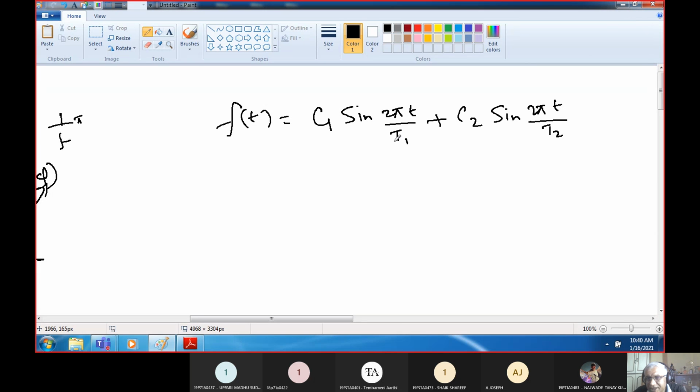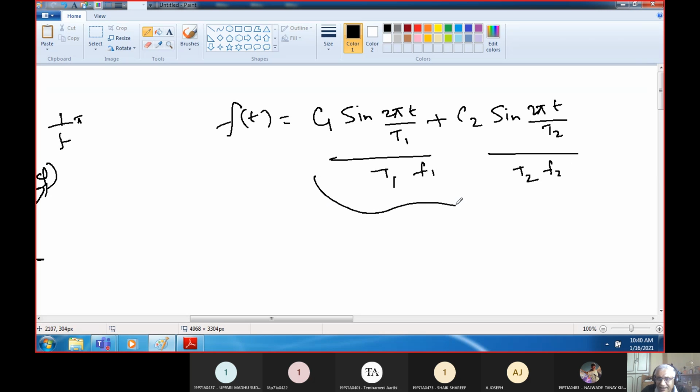Now obviously what it means is we are trying to add two signals of different frequencies. The first one is having a time period of T1 or the frequency f1, and the second one is having a time period T2 and frequency is f2. Now, what will be the collective frequency?